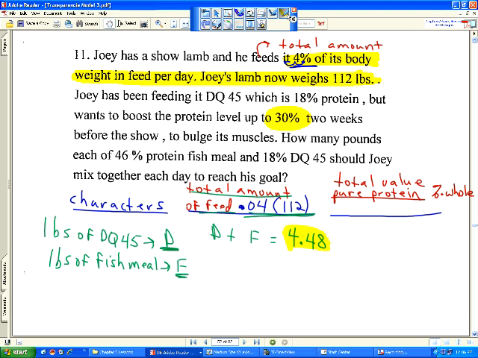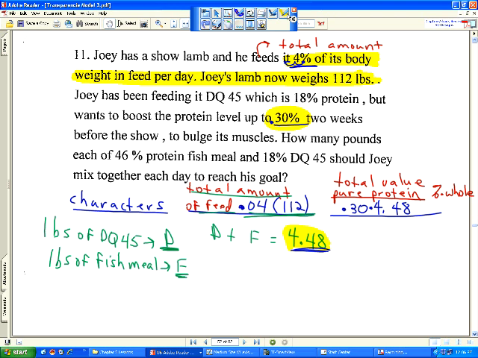So how much pure protein am I going to need? 30% of that. And so my total pure protein is 30% of that 4.48 pounds of feed. Understand that?